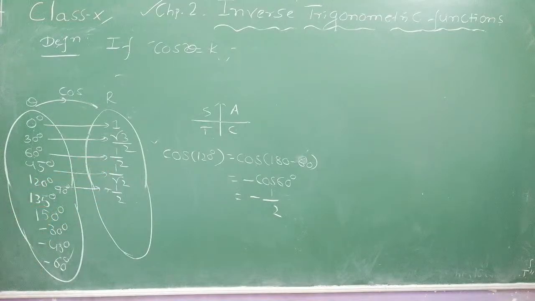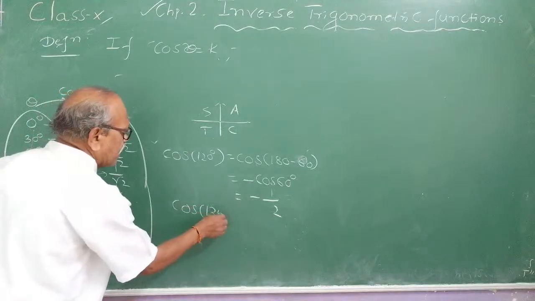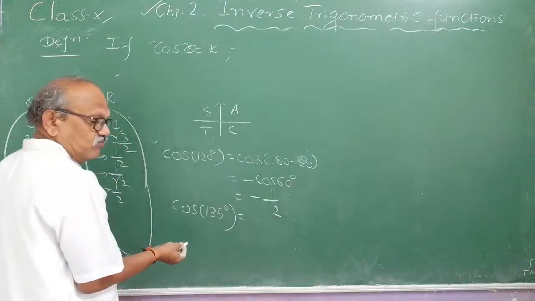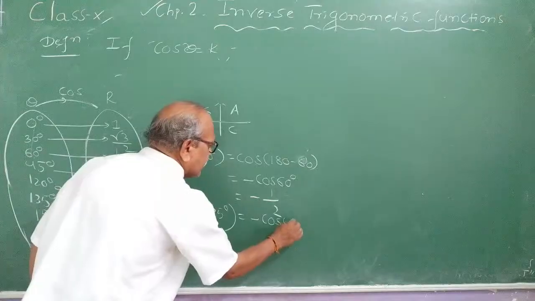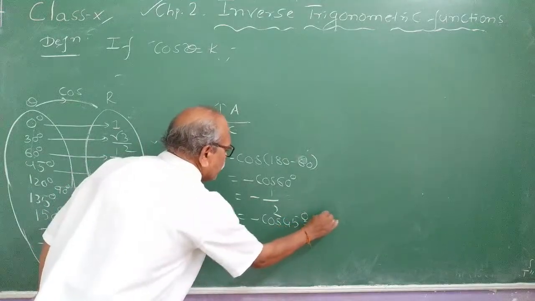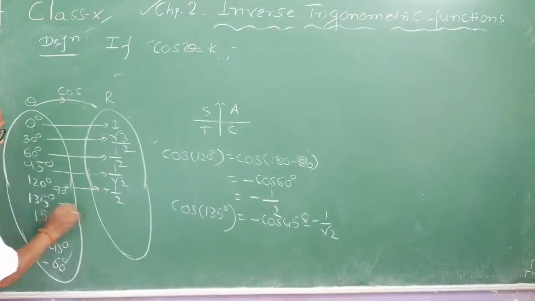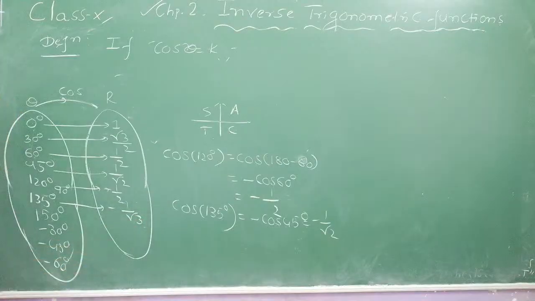Cos 135 degree. Similarly, for cos 135 degree, the allied angle can be written as 180 minus 45. Right? You will get minus cos 45 degree because in the second quadrant its value will be minus 1 by root 2. No problem. It will not disturb the one-one nature, because plus 1 by root 2 is different from minus 1 by root 2. Cos 150 degree.